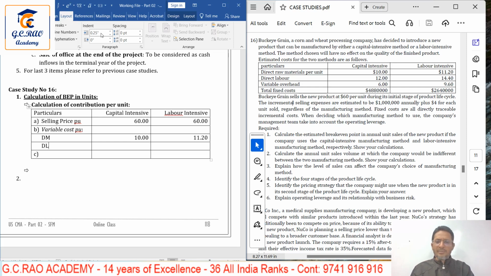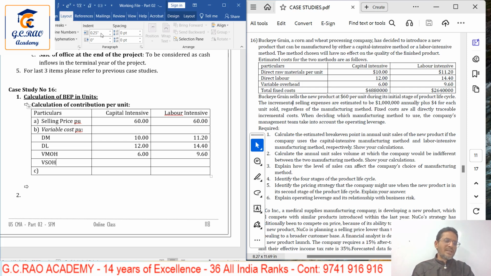Next one, direct labor: capital intensive 12, labor intensive 14.40. Variable manufacturing overhead: capital intensive how much? 6. Labor intensive 9.60.